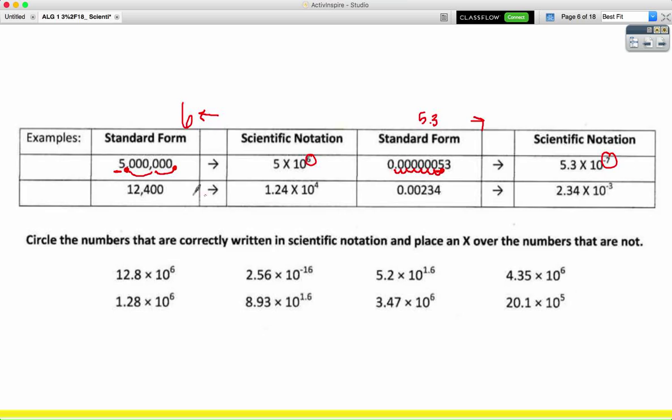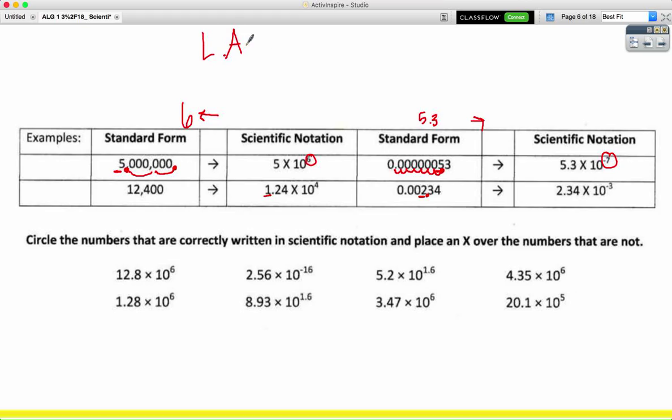Okay, same thing with these 2 examples. This one, it has to move 4 to the left, so it's times 10 to the positive 4, only one digit to the left of the decimal. And then this one, I would have to move it 3 to the right to have one digit to the left of the decimal, and so to the right is negative. So there's this little acronym that could help you.